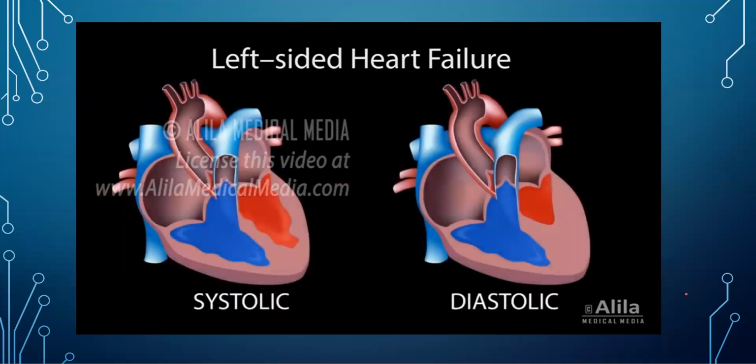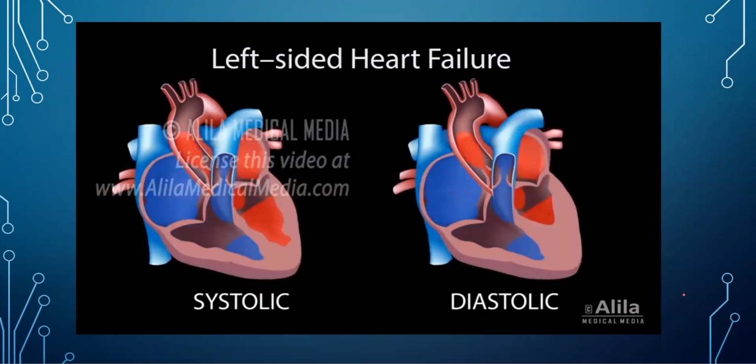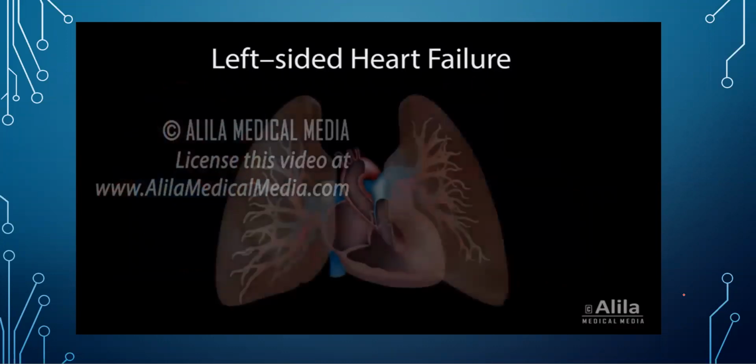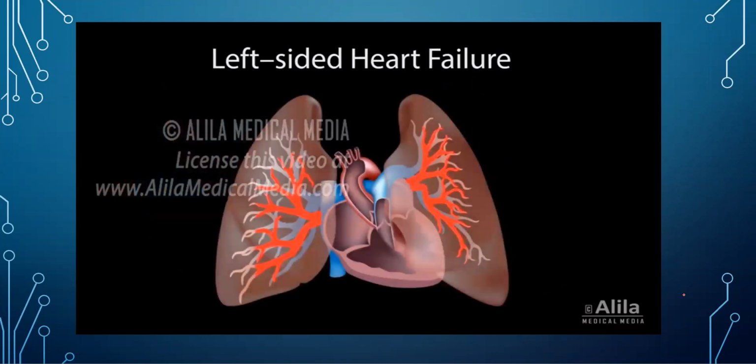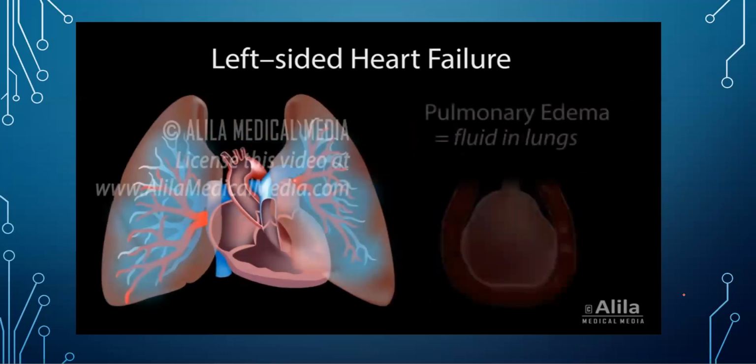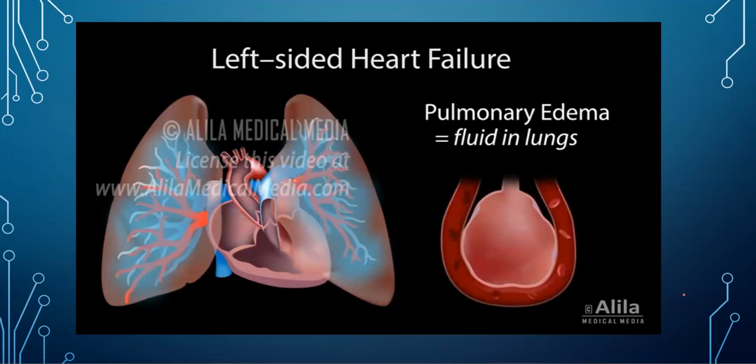Regardless of being systolic or diastolic in nature, left-sided heart failures share a common outcome: less blood pumped out from the heart. As a result, blood flows back to the lungs where it came from, causing congestion and increased pulmonary pressure. As this happens, fluid leaks from the blood vessels into the lung tissue, resulting in pulmonary edema, a hallmark of left-sided heart failure. Accumulation of fluid in the alveoli impedes the gas exchange process, resulting in respiratory symptoms such as shortness of breath, which worsens when lying down, and chest crackles.